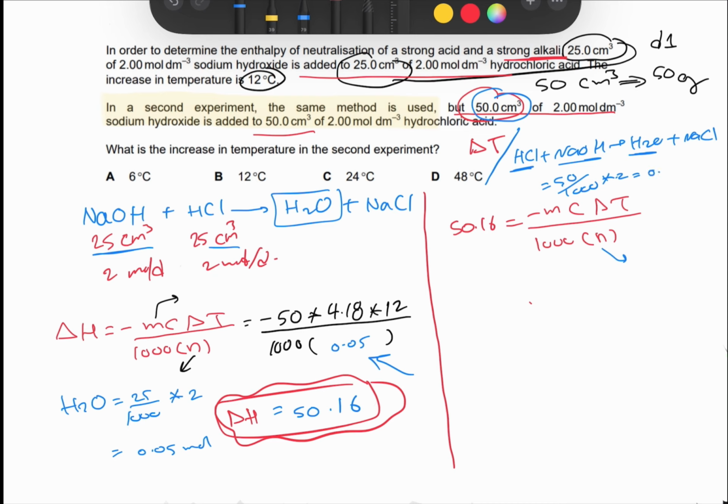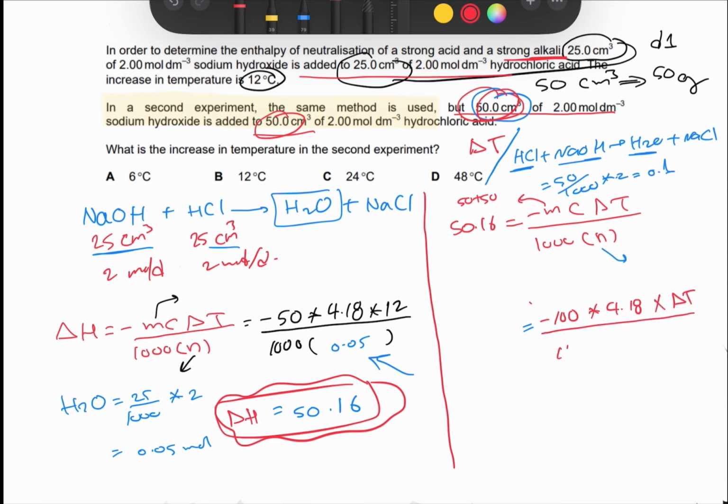So we can substitute the 0.1 in our law, minus the mass at this point is equal to 50 plus 50, the two volumes of acid and base, and that's why it's 100. We multiply by the value of the heat capacity, and delta T is unknown.